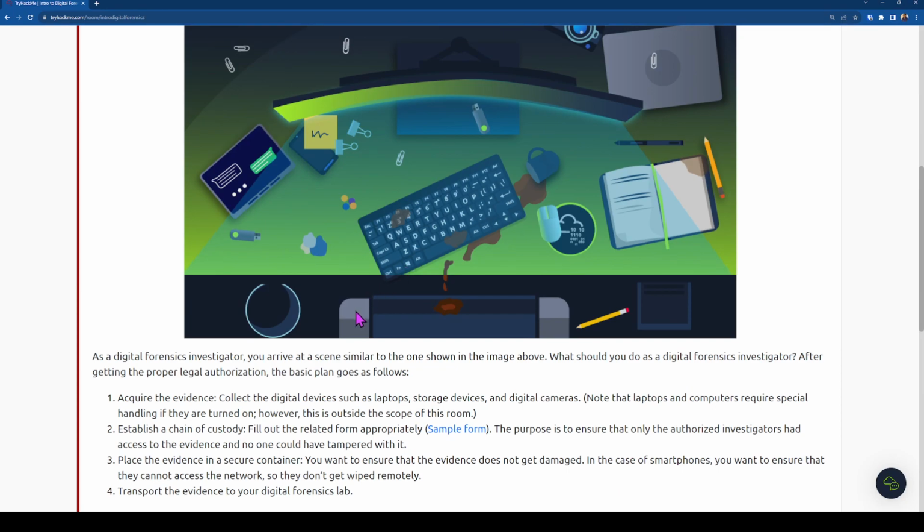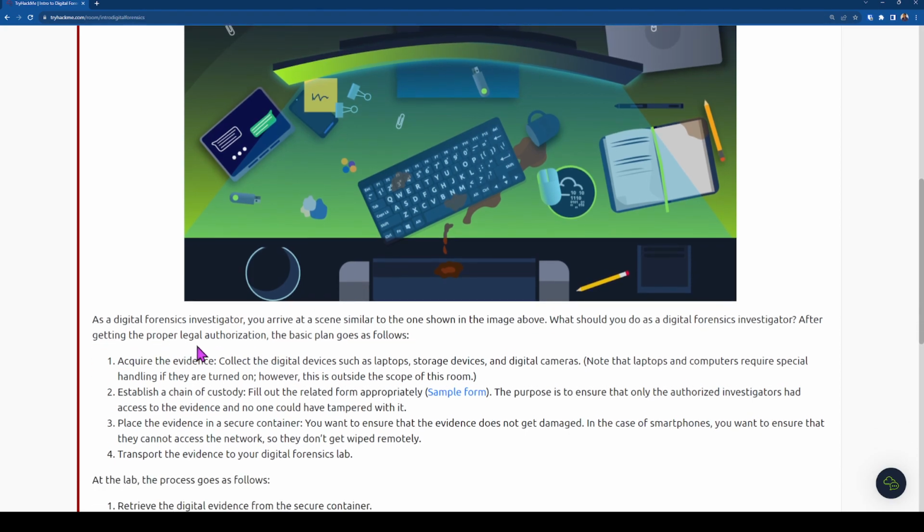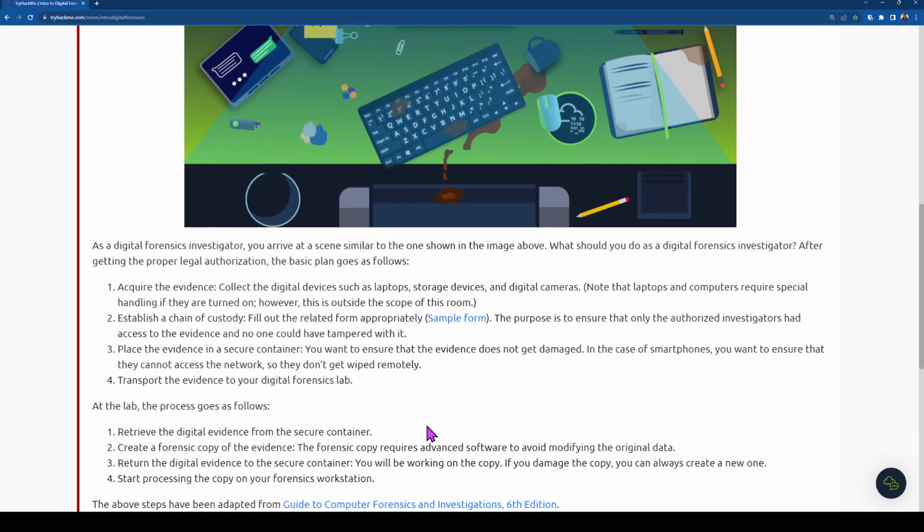It's the same in certain crimes, or when law enforcement's involved: they have to ensure they're following the law and not violating any of your rights as a person. So the basic plan goes: acquire the evidence. That entails collecting the evidence such as laptops, storage devices, and digital cameras. Note that laptops and computers require special handling if they are turned on. However, this is outside of the scope of this room.